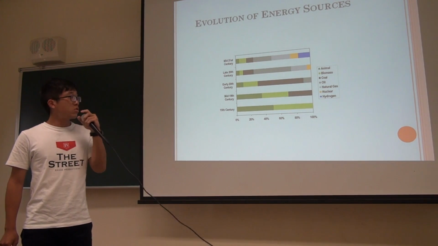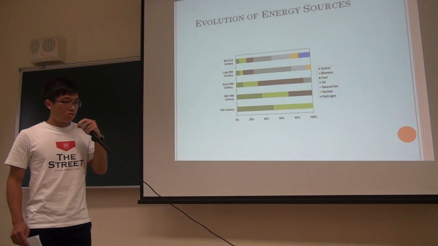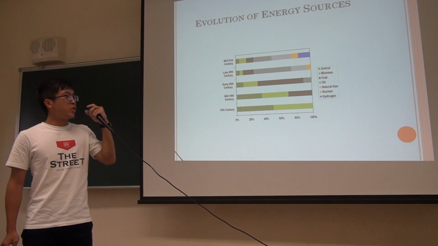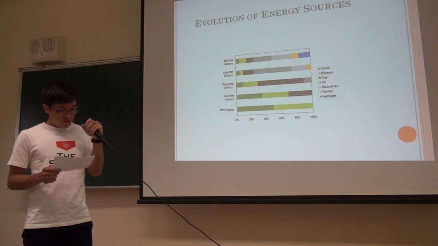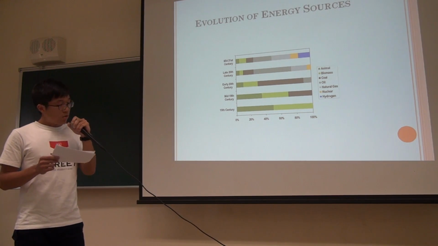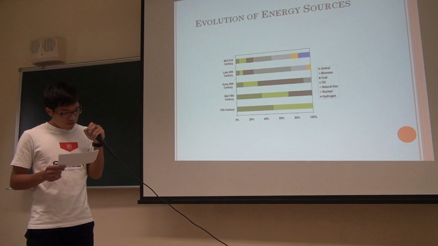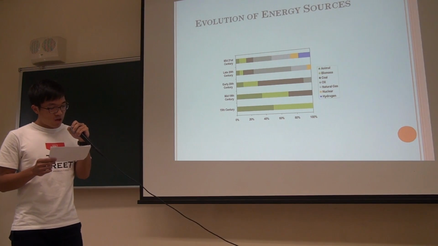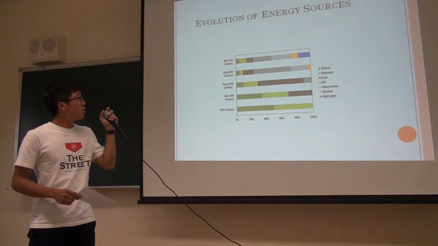We started to use coal to power steam engines. And going to the 20th century, the major reliance was on coal, but there was a gradual shift toward a higher energy content source like oil.